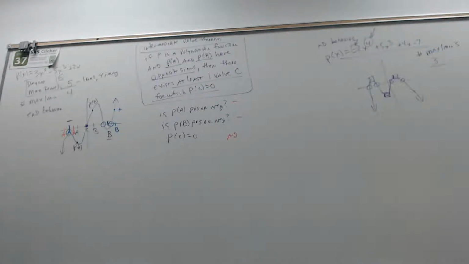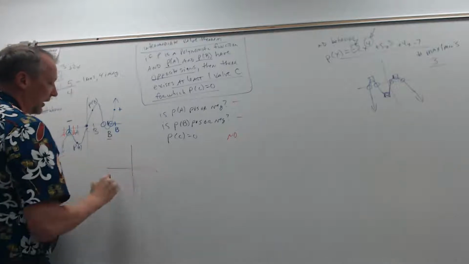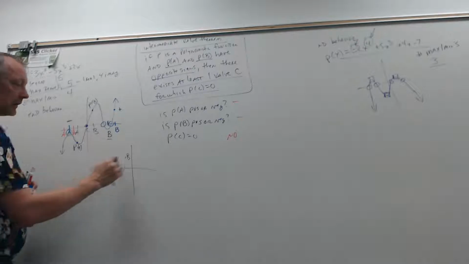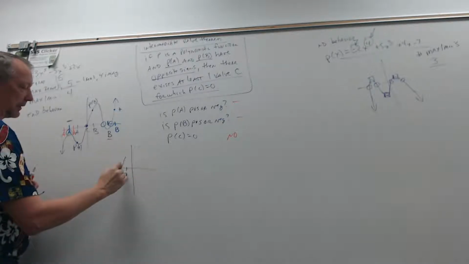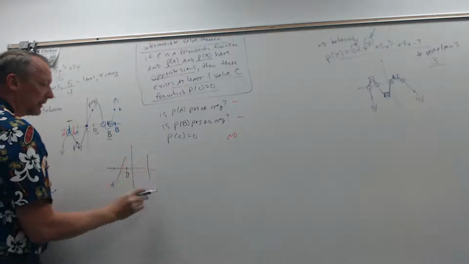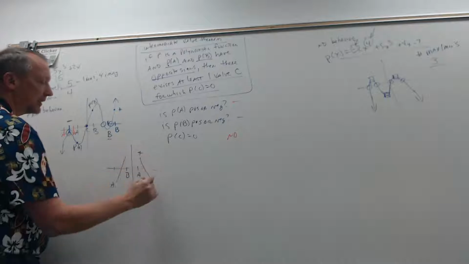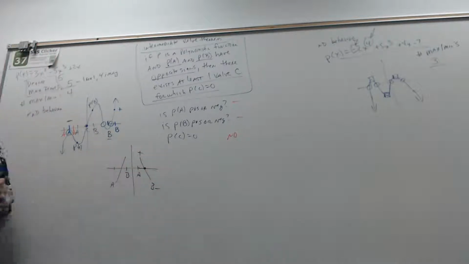So the idea here is, if I pick two values, A and B, that are fairly close together, as long as the signs are different, I know that there exists a 0 in there. Even if it's hard to find these zeros, you can keep making it smaller and smaller, and then you can get so close that you can figure out where that 0 is. So that's what the intermediate value theorem says.